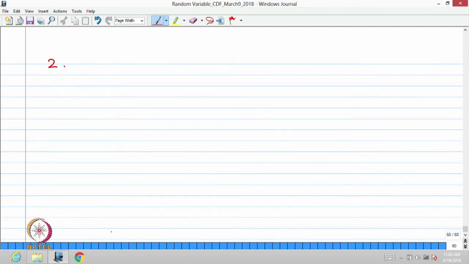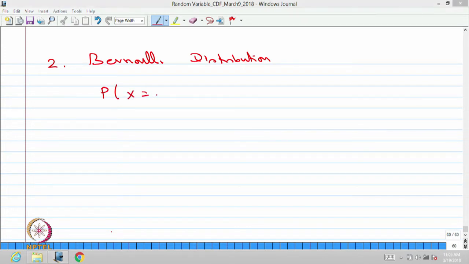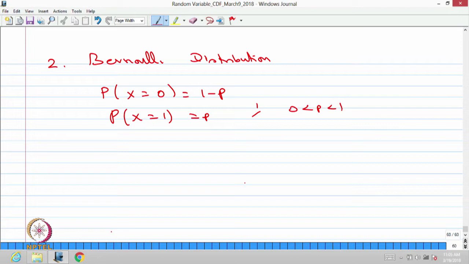Now, we will go to the second one, that is called the Bernoulli distribution. A discrete type random variable is said to be a Bernoulli distributed random variable when the probability mass function at the value 0 is 1 minus p and the probability that X takes the value 1 is p, where p lies between 0 and 1.